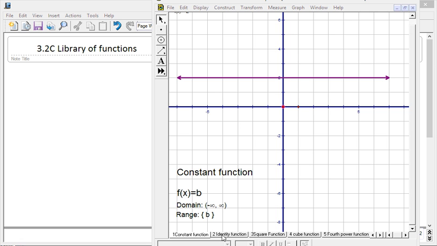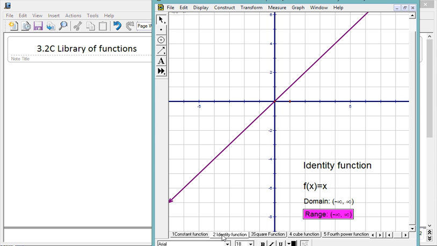The second one is the identity function. We call it the identity function because if you put x in, you get x back out. So when you put in 1, you get 1 out. When you put in 2, you get 2 out. When you put in -3, you get -3 out. Okay, that's the identity function.